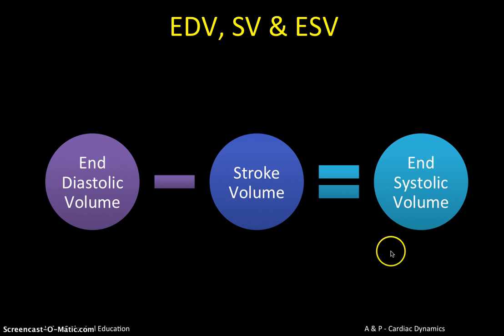So you might guess that the total filling minus the blood that's been ejected will leave a certain value. The ESV is the volume of blood at the end of the systolic phase of the heart. Systole, you should know, is contraction. When the heart contracts and pushes out some blood, some blood is left in there, and this ESV is the volume of blood left in the heart.